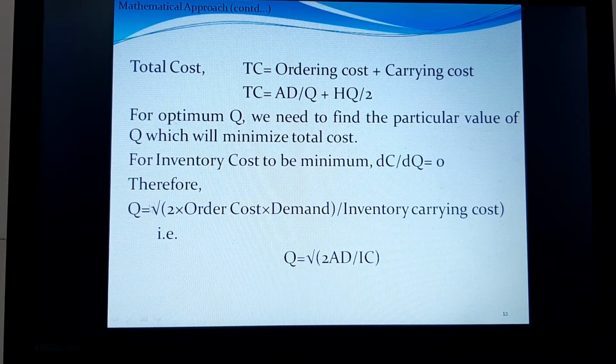Upon calculating, you get the economic order quantity Q equal to root of 2 into ordering cost into demand divided by the inventory carrying cost, which is Q equal to root of 2AD divided by IC. This expression is very important to find the economic order quantity, or the quantity of the order Q.